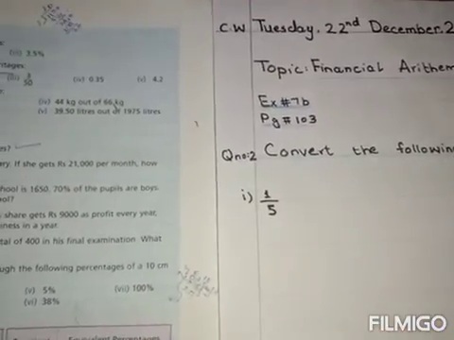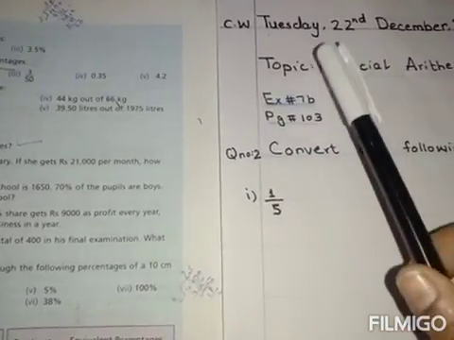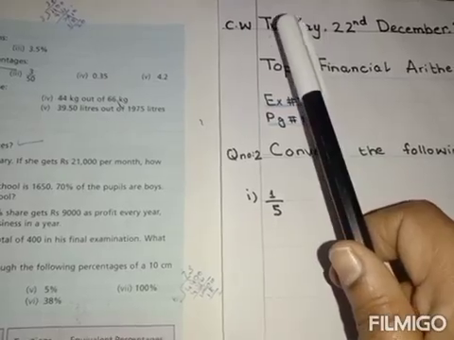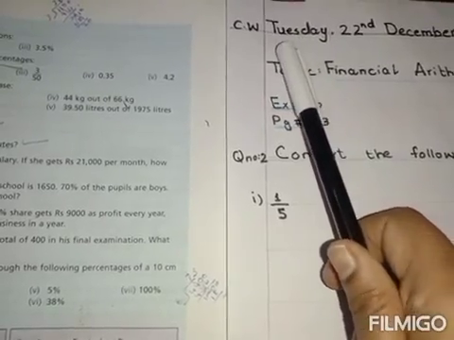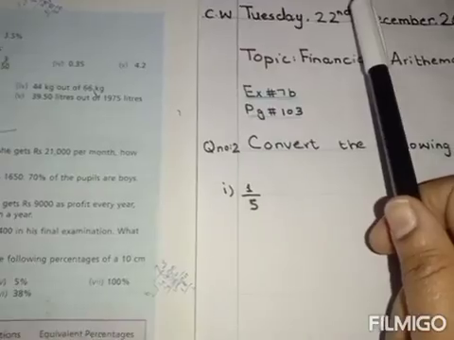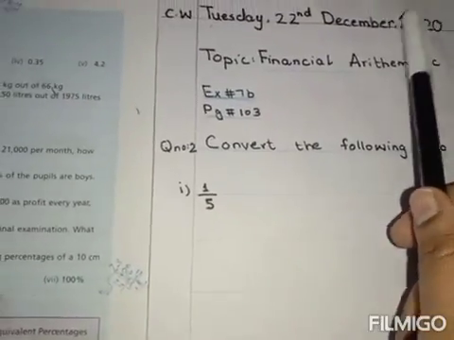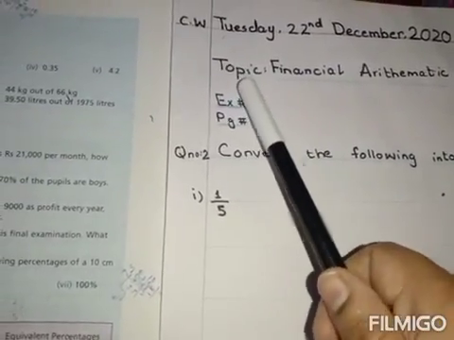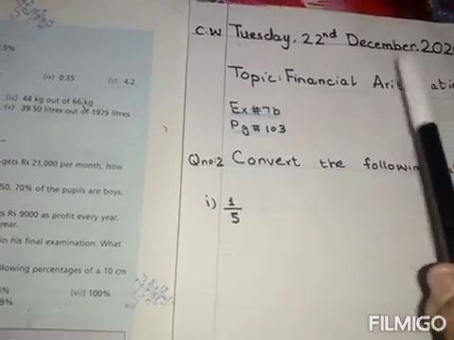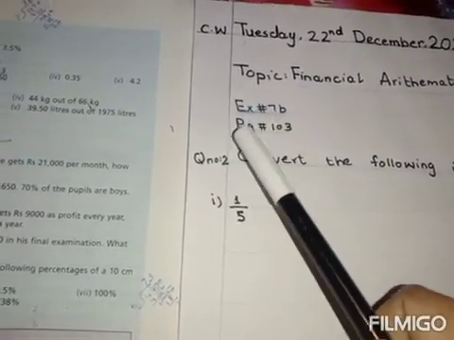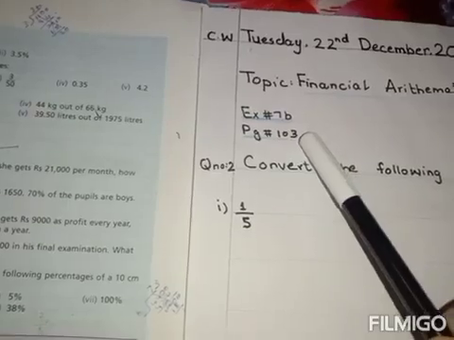You will draw margin lines at both sides using any color. Then you will write today's date, Tuesday 22nd December 2020. After that you will write the topic financial arithmetic, exercise number 7B, page number 103.